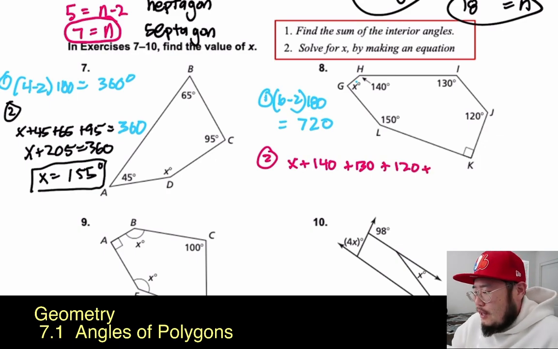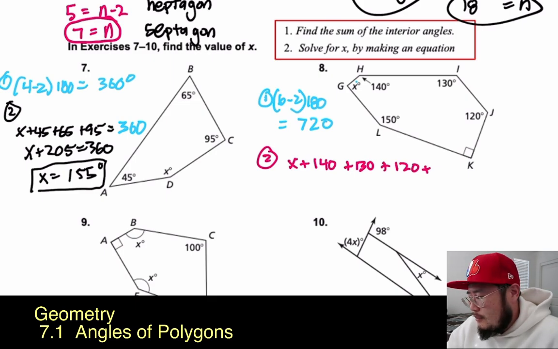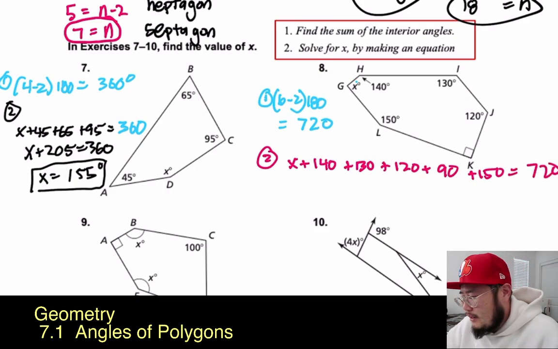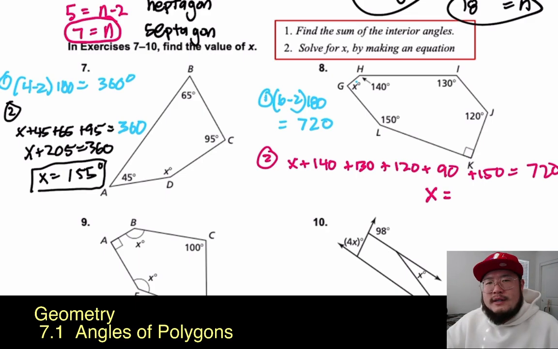We also have angle K, and we need to know that that's 90, plus 150, and all of that is equal to 720. When you get x by itself in the end, we'll cut to the chase: x is equal to 90. All right, 2 steps, and you can solve these problems.